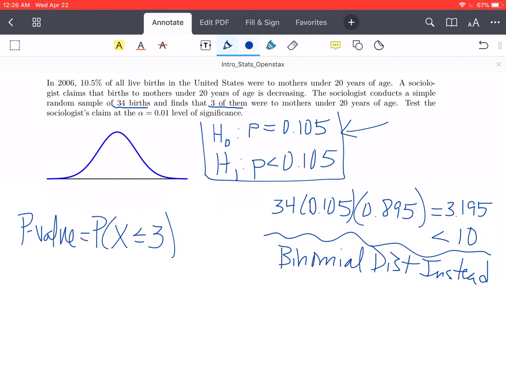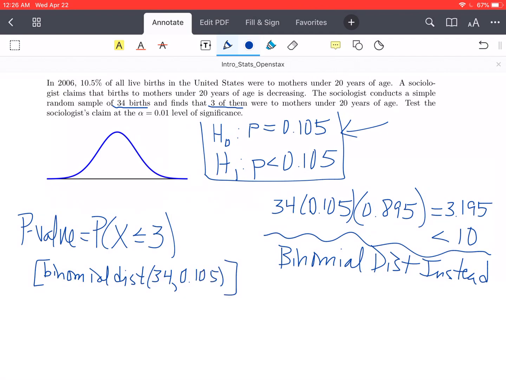Here we're looking at a binomial distribution because it is success or failure: success if they're under 20, failure if they're above 20. So on Desmos, we're going to use the binomial distribution, and you need to type in the number of trials and the probability of success, the rate of success.